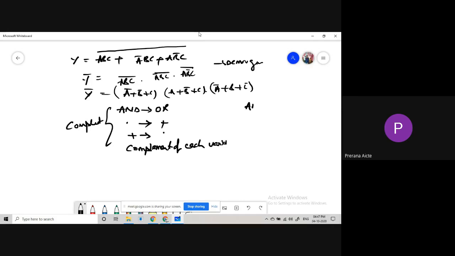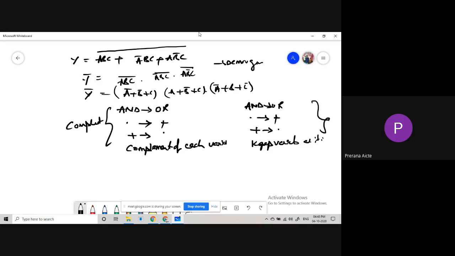For the duality principle, and is replaced with or, dot is replaced with plus, plus is replaced with dot, and keep the variables as they are.